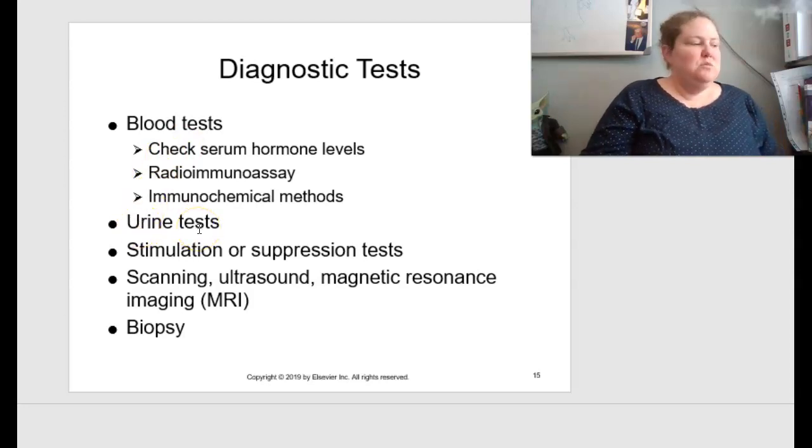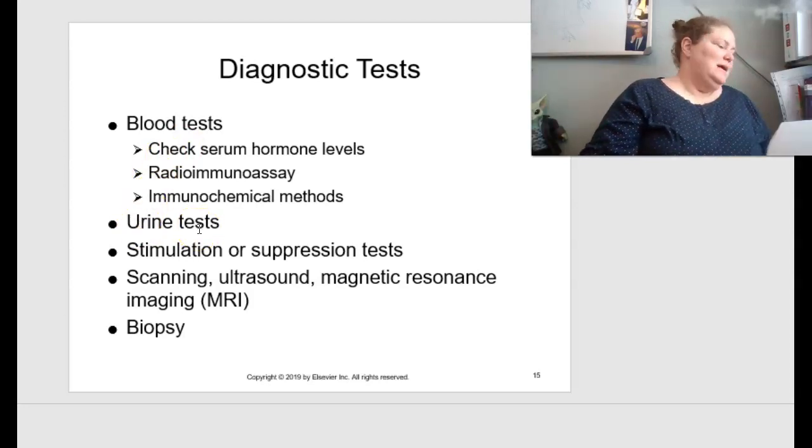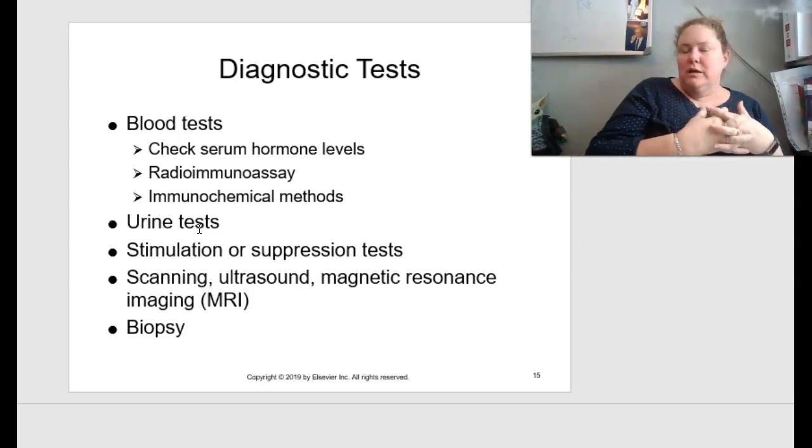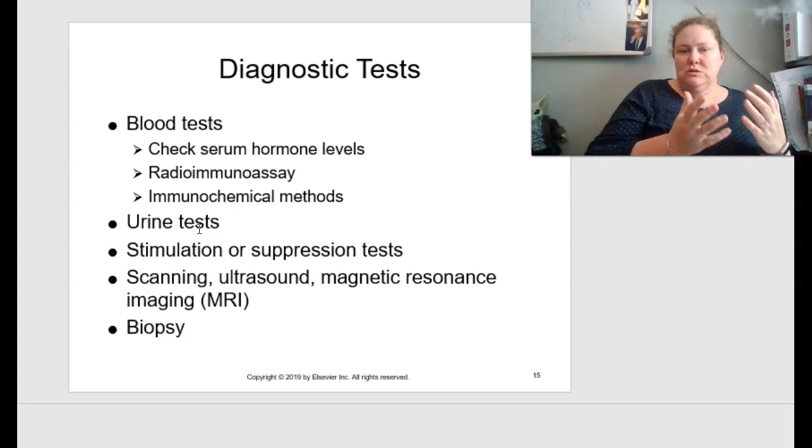Urine tests would be good, for instance, for diabetics, because they can detect ketones in the urine by peeing on a stick. Or pregnancy tests, right? You're looking for the HCG hormone, if I remember correctly, and you're peeing on a stick to test that.